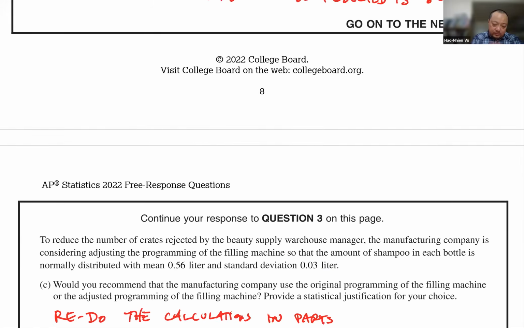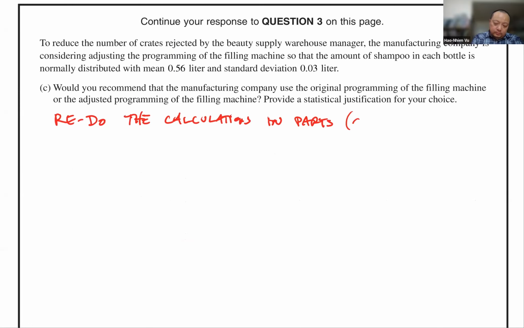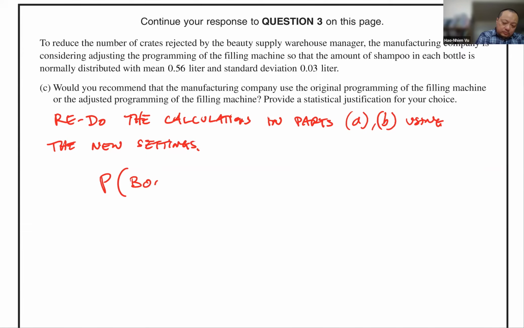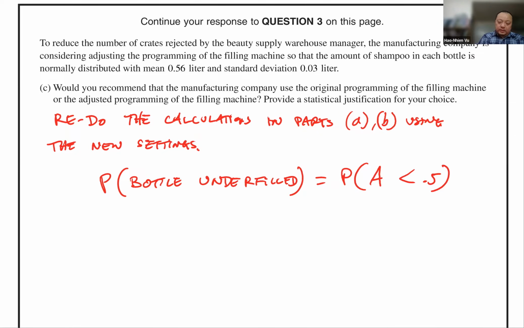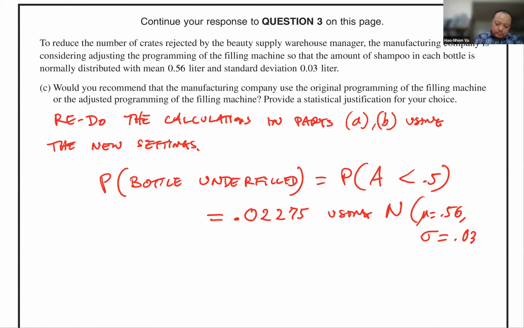In parts A and B. And with the new setting, I get 0.02275. With each bottle, it used to be 0.0063, now it's 0.02.